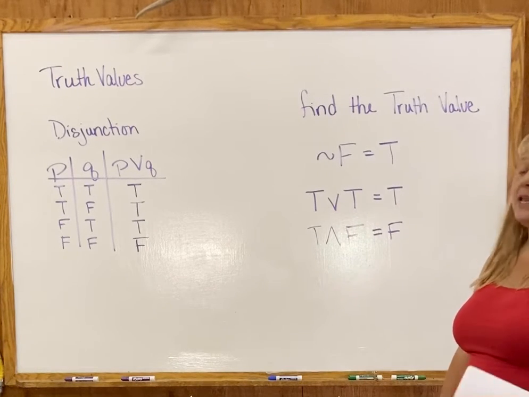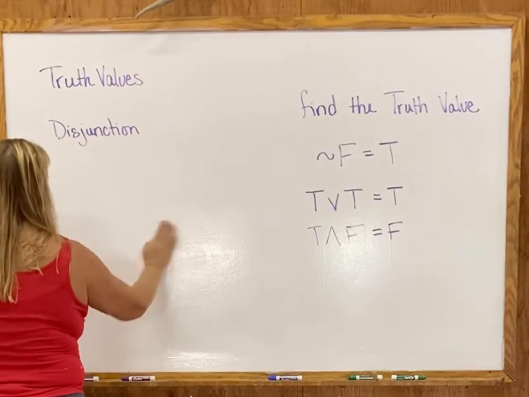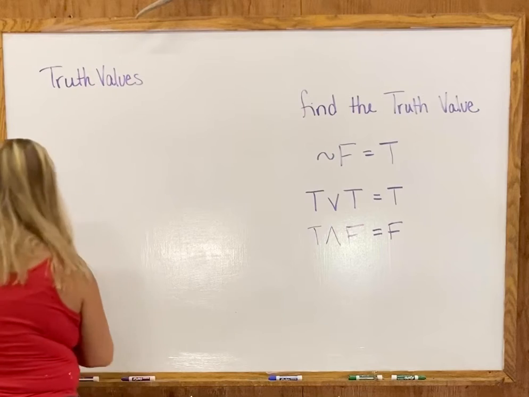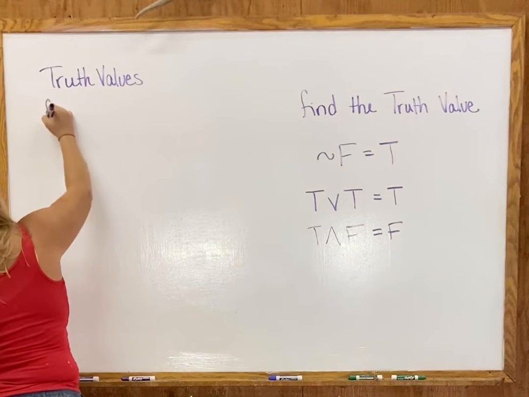Okay, so now let's do this in the real world a little bit. Okay, so let me give you some statements that actually are in words here. So we're going to again find the truth value.